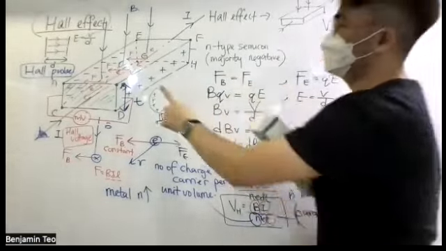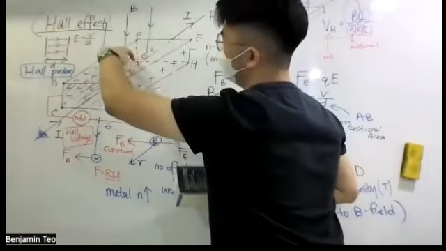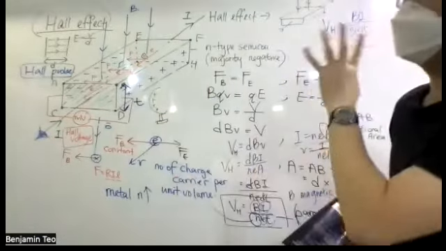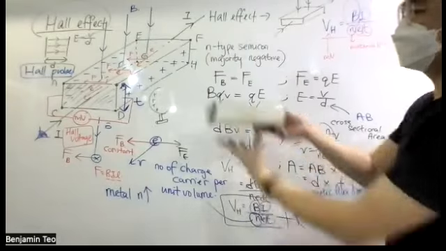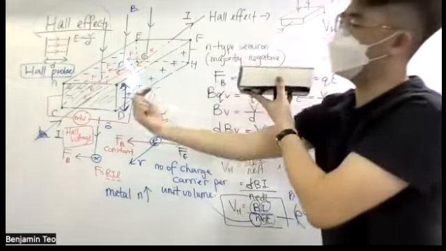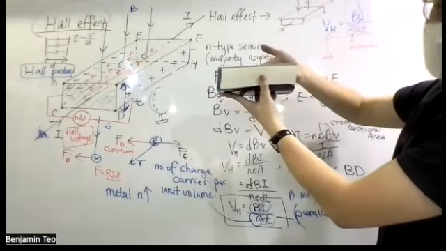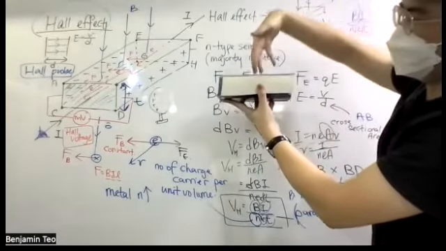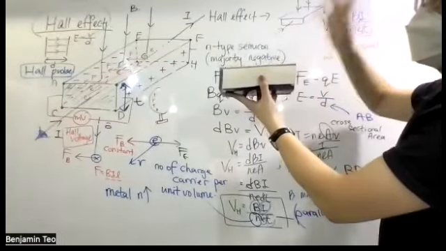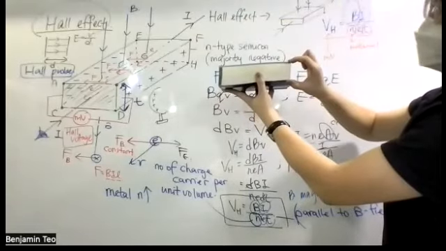Notice that the Hall voltage, the magnetic field and the current are all perpendicular. They are not in the same plane. Let's say the magnetic field is down and this is your current. Where is your Hall voltage? Front and back. Magnetic field down, current coming here, Hall voltage is front and back. Where is the thickness? Parallel to the field. So this is your thickness.